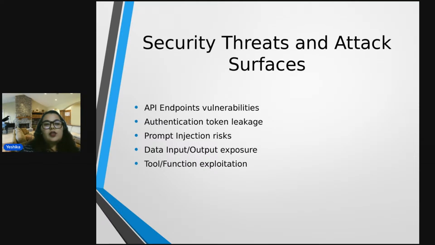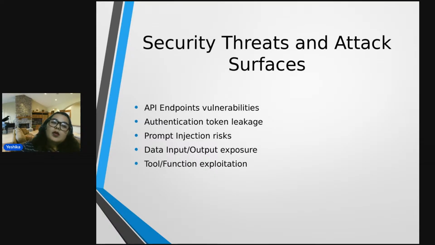Okay, so the first one, I've listed a few here. We'll be discussing them as time permits. We'll be having a walkthrough of the elements of it. The first one that I have listed here is API endpoint vulnerabilities.